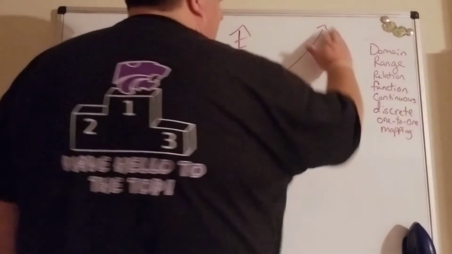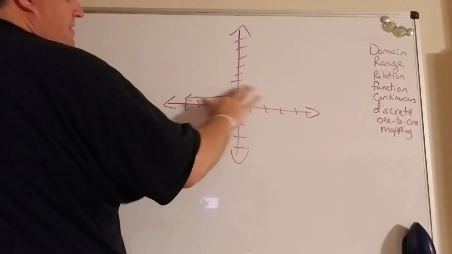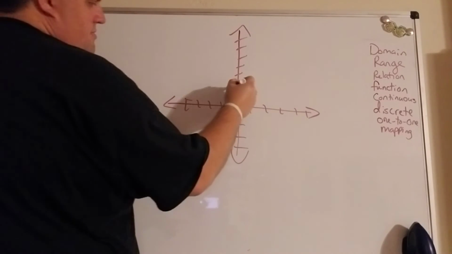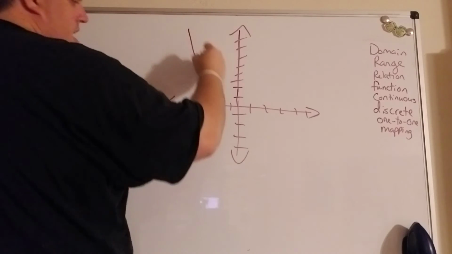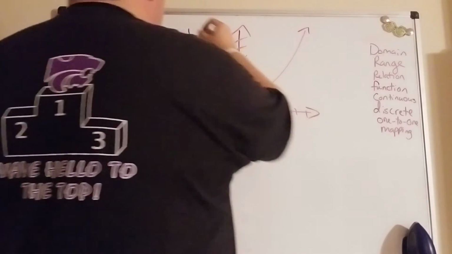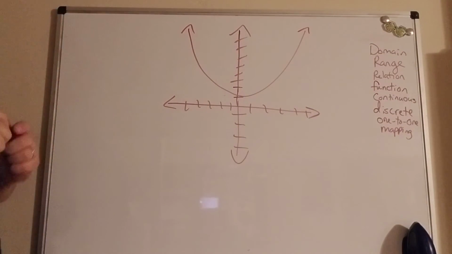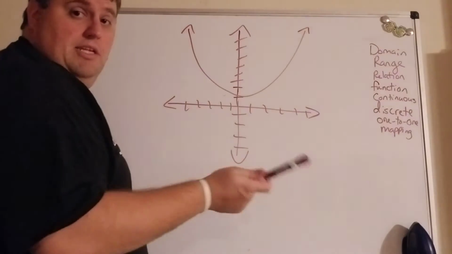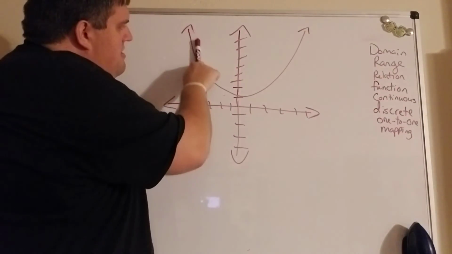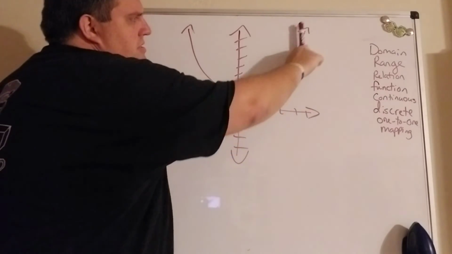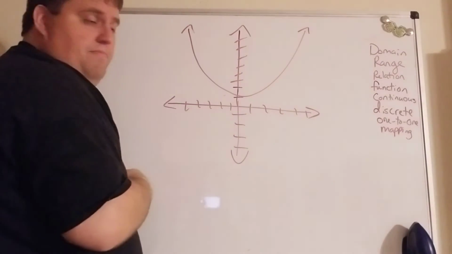Now, you might say, all right, give me one that's not then, Mr. Odie, so I can kind of see what's going on here, right? So let's say we had something like this, a parabola. Is it a function? Check the vertical line test. There's nowhere it would touch more than once, so yes, this is a function.